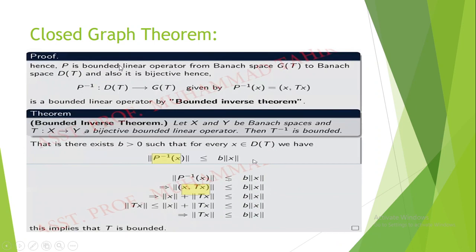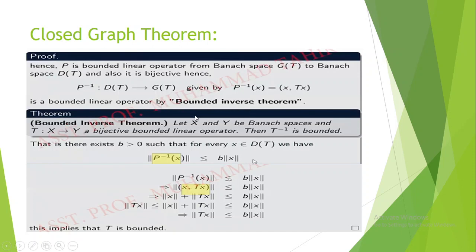Now, hence P is a bounded linear operator from the Banach space G of T, the graph, to the Banach space D of T, and also it is bijective. Hence, whenever it is bijective and bounded, as we discussed earlier, the inverse is a bounded linear operator by the bounded inverse theorem.